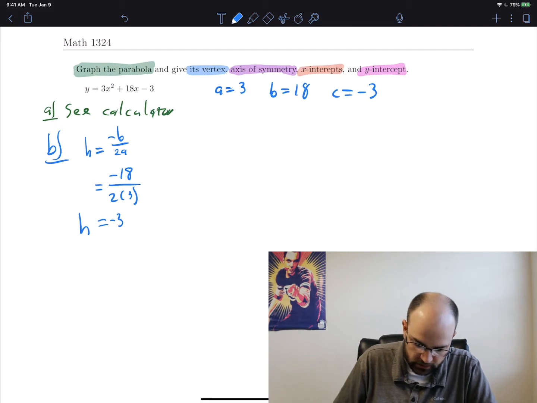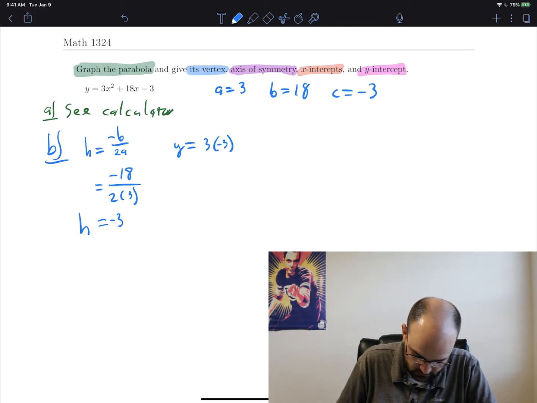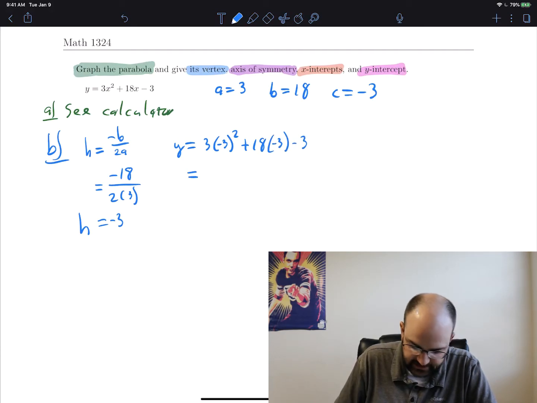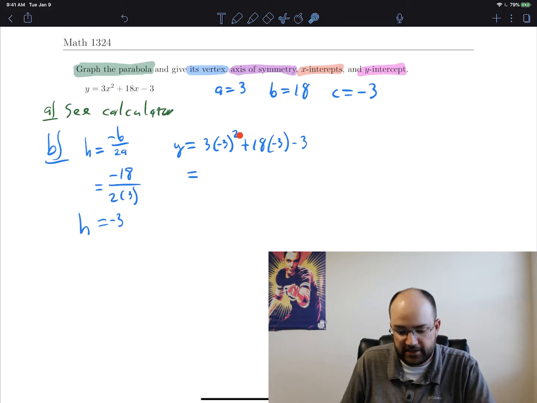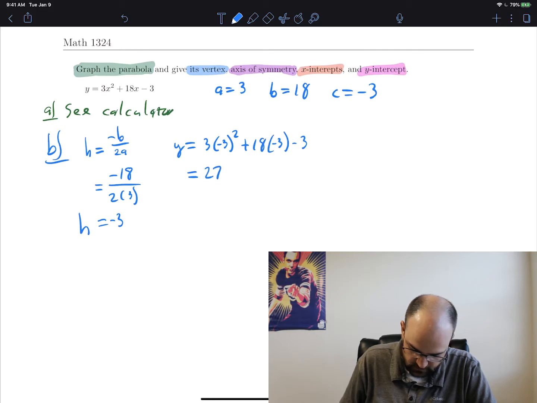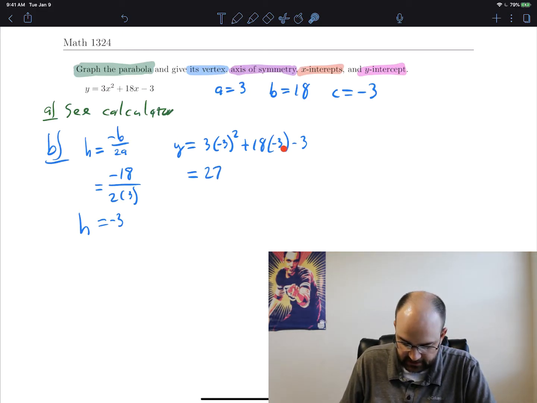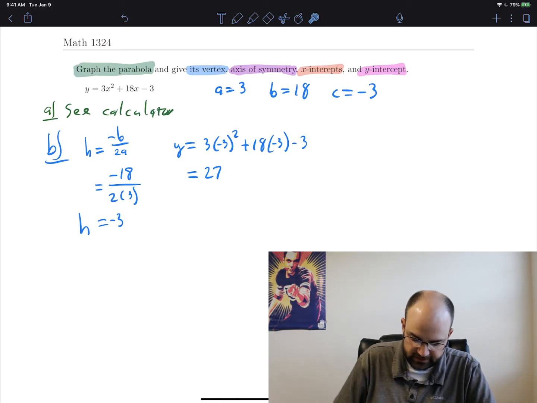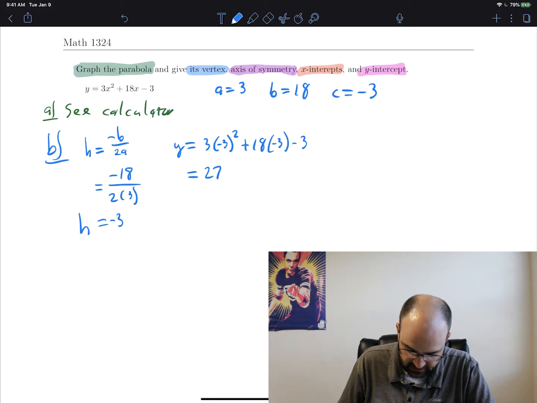To get the y-coordinate, we simply plug in that negative 3 in for all the x values and simplify. Negative 3 squared is 9. 9 times 3 is 27. 18 times negative 3 is negative 54.